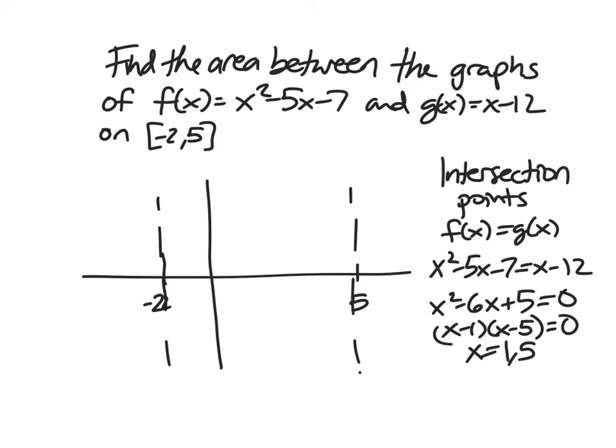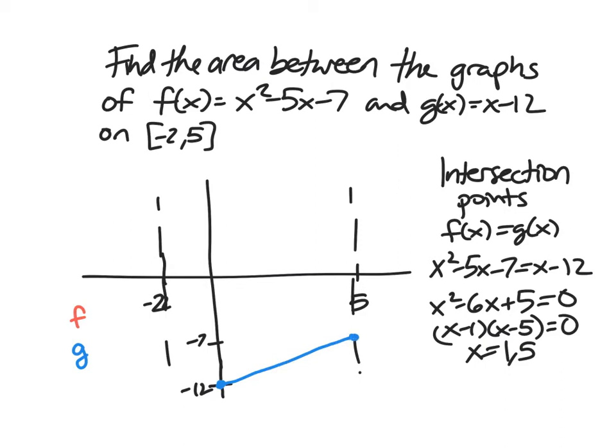And so then we just need to get a few points here. We know that the parabola's y-intercept is -7. The line intercepts at -12. And so let's say I draw f in red and g in blue. The easier one to do is g, because it is just a line and it's going to look like this.